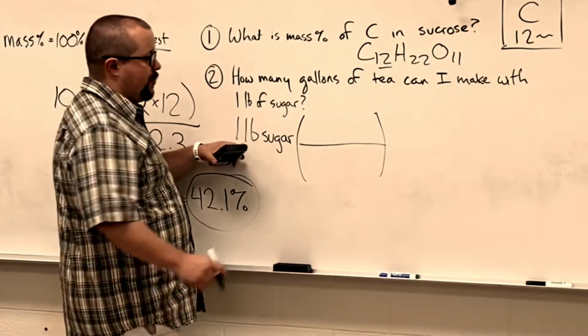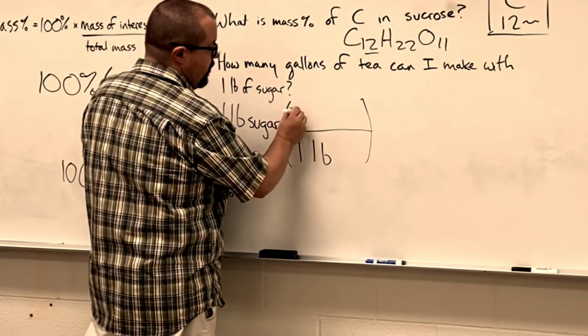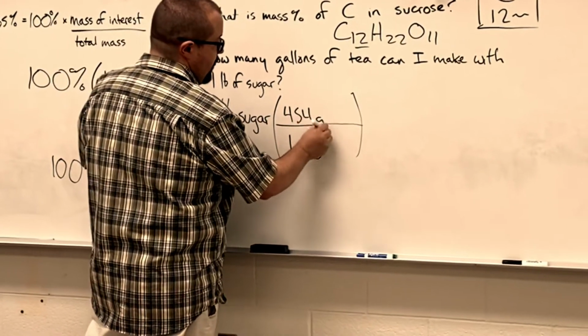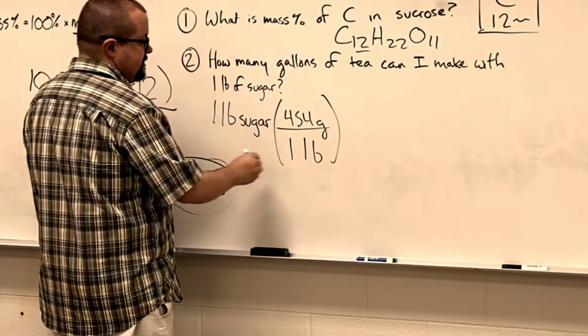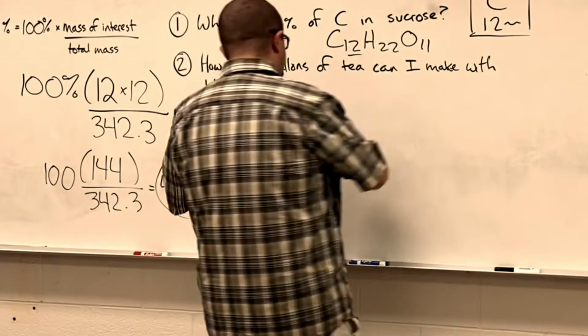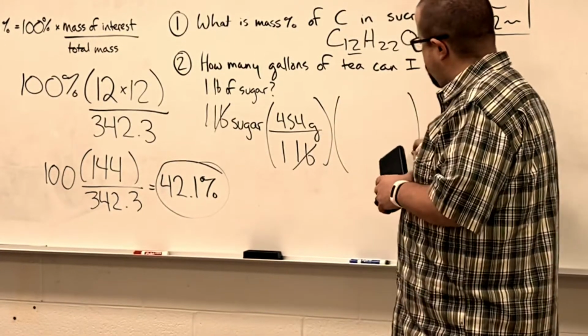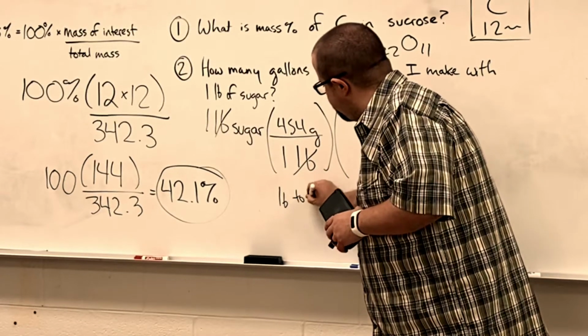So I'm going to take it to grams. 1 pound would be 454 grams. So that takes me to grams of sugar. So we'll make a little note, pounds to grams.